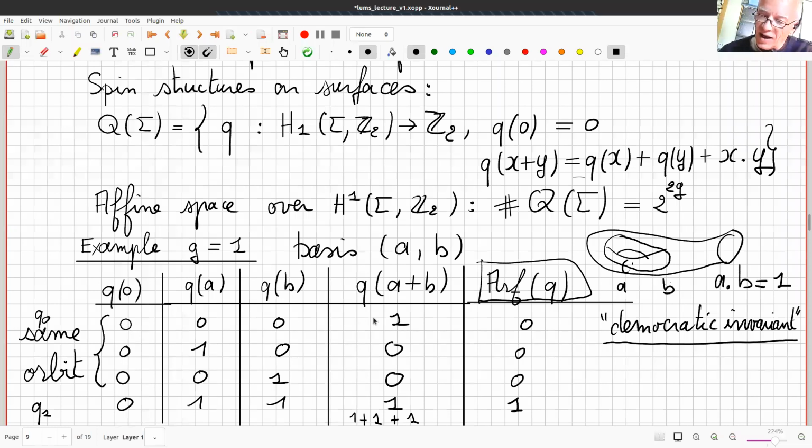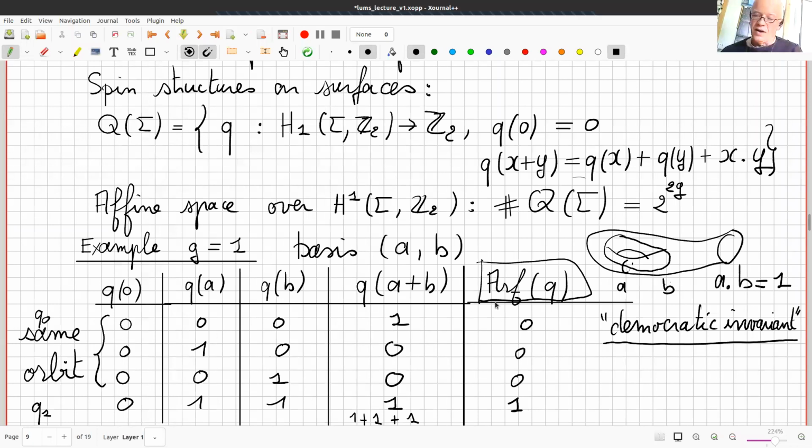And I will say that the democratic invariant will be 0. They voted: 4 people voted, 3 voted for 0, 1 voted for 1. So you see that you have 4 different spin structures, and 3 times you get democratic invariant 0, and 1 time you get democratic invariant 1.